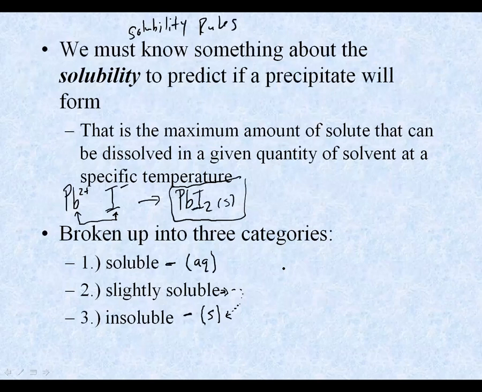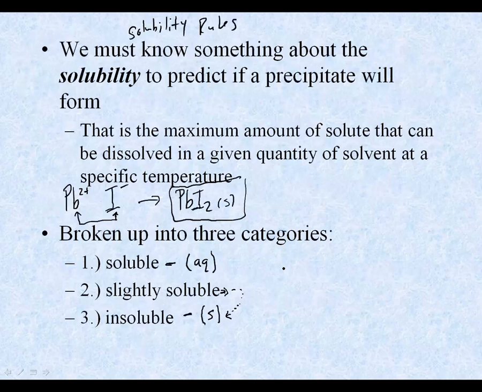A little bit of it will dissolve, but for the most part, most of it will still remain as a solid. So if we do come across something that's slightly soluble, for our purposes here and most purposes in chemistry classes that you take, you probably could consider it as being insoluble. But again, a little bit of it will dissolve.